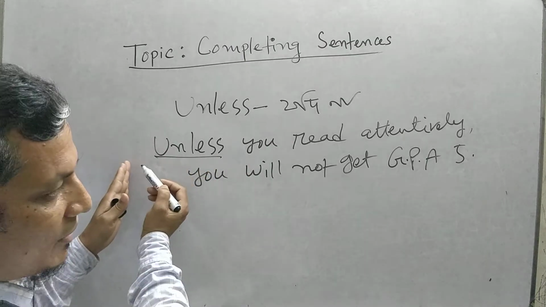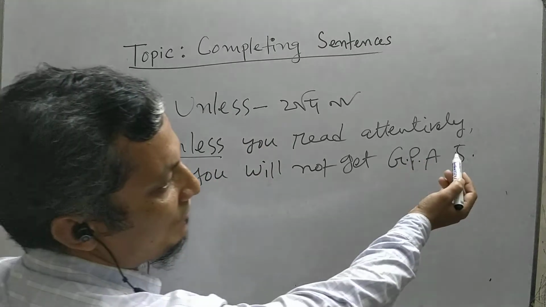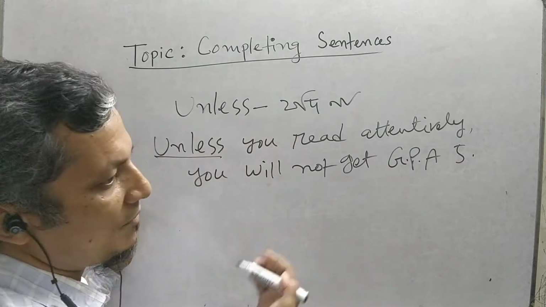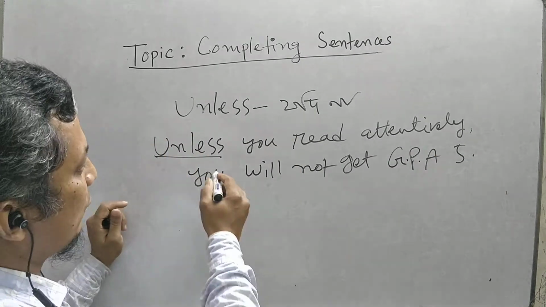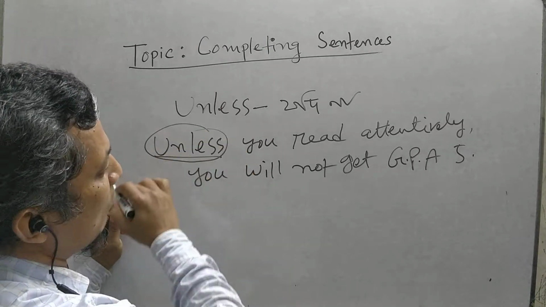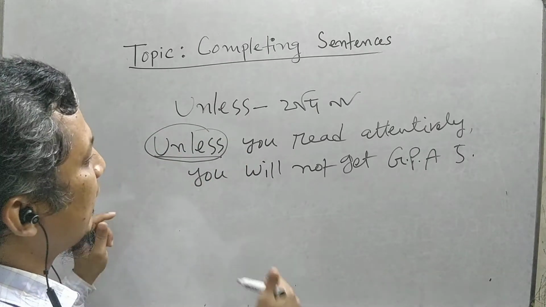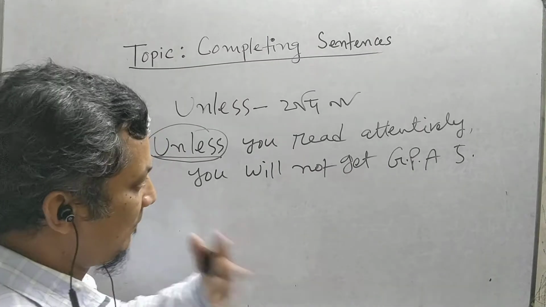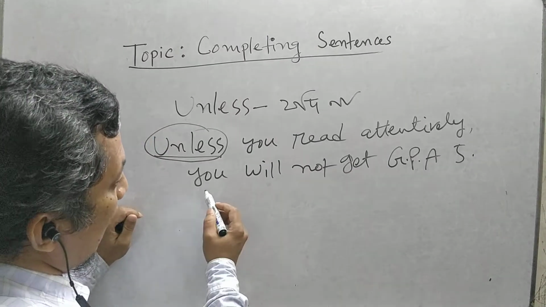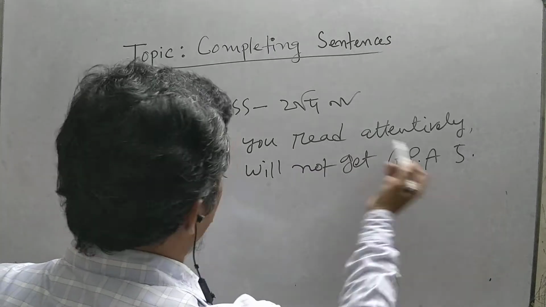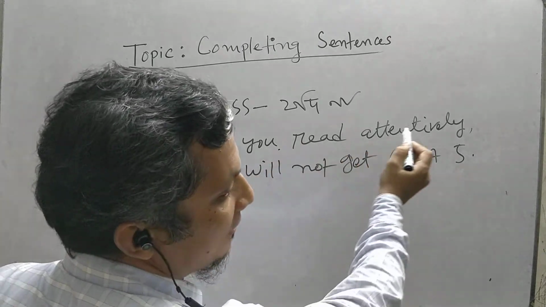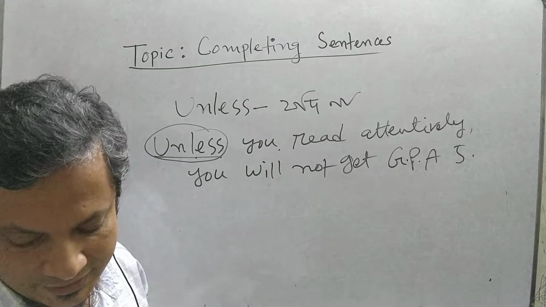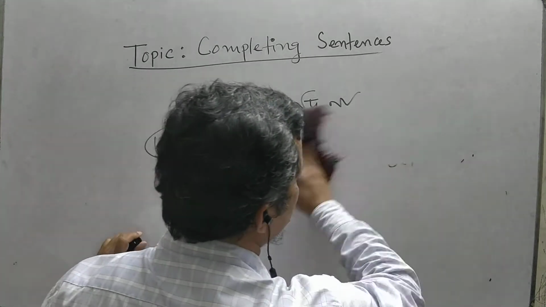If you use one at first, you have to give a comma in the middle of the sentence, after the first part. But if you use connectors or linking words in the middle of the sentence, then you have to avoid the comma. I have discussed it in my previous class. You will not get GPA 5 unless you read attentively. Am I clear to you? Okay. Thank you.